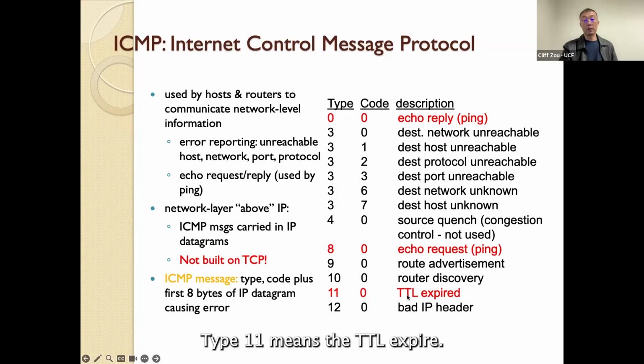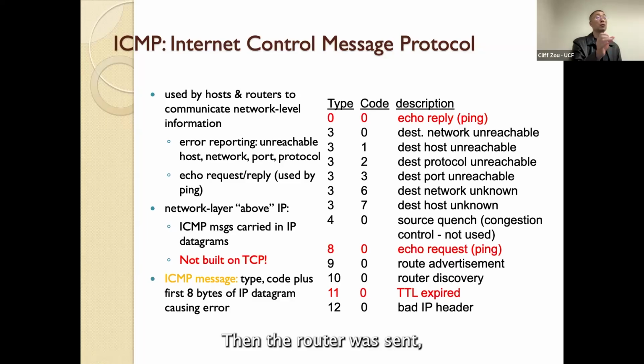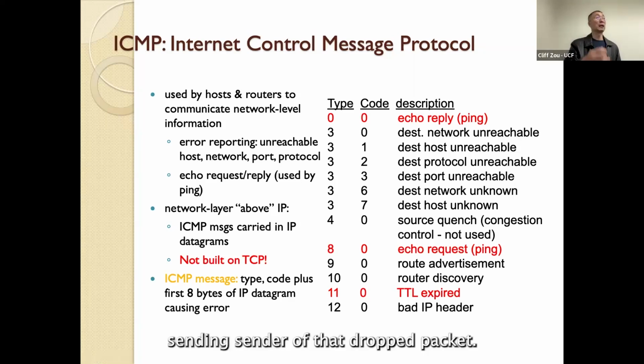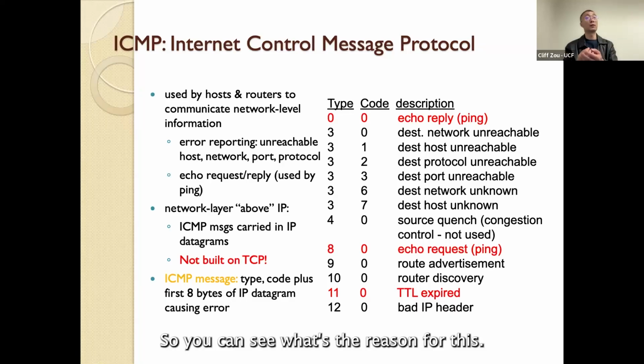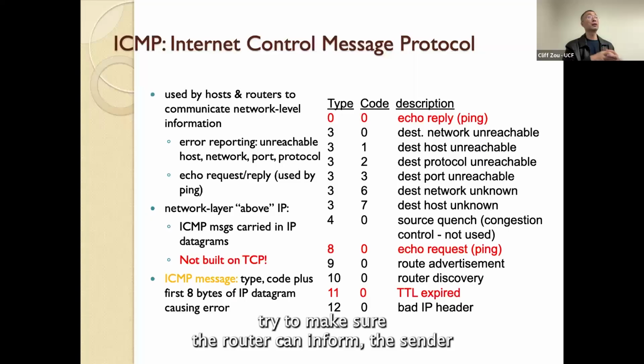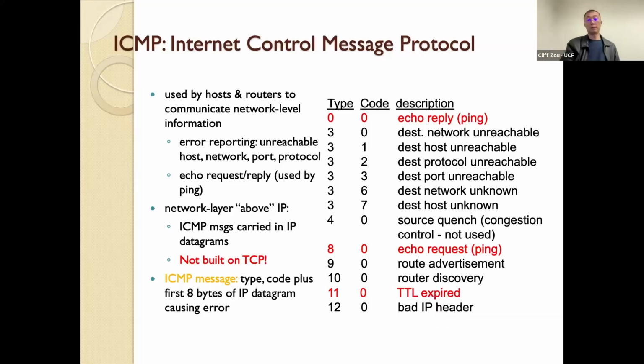Type 11 means the TTL expires. If a packet's TTL value becomes 0, the packet will be dropped. Then the router will send this ICMP packet back to the original sender of that dropped packet. So you can see the reason for this ICMP protocol: it tries to make sure the router can inform the sender or receiver that something is wrong in your network transmission.